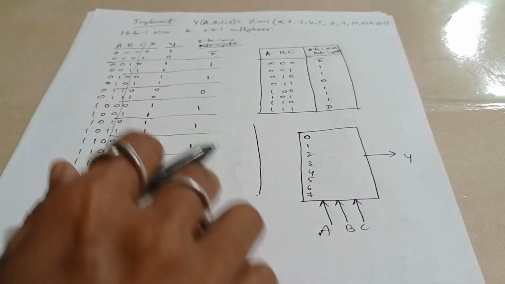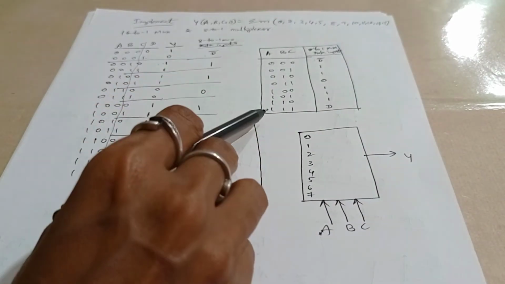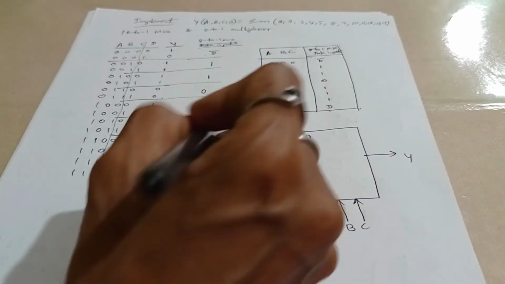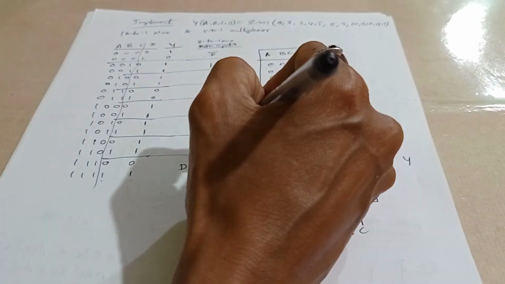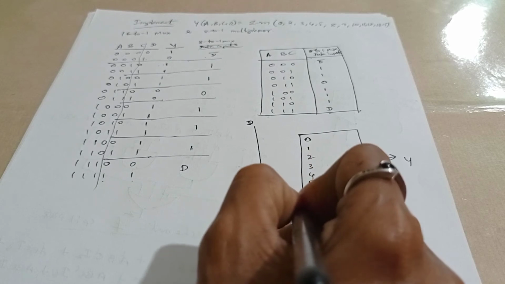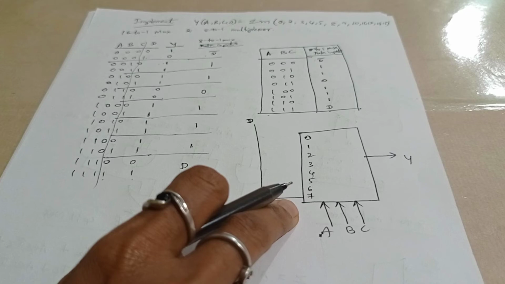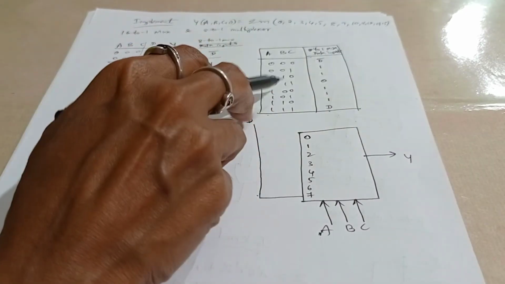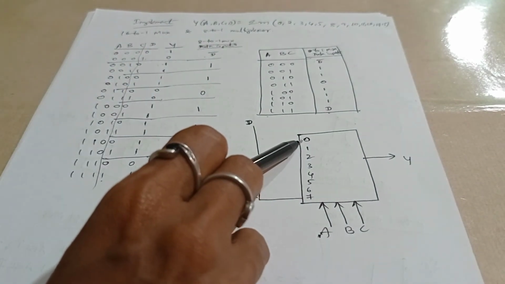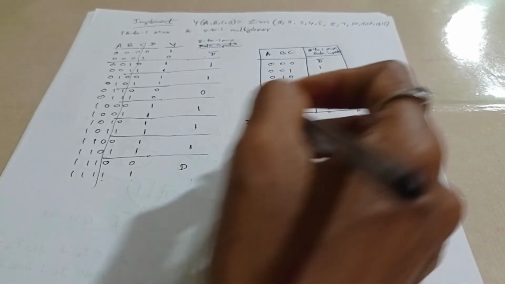Now we'll see how to design this multiplexer. For data input 7, what is the value? That is D. So D input is given to the 7th pin, that is the 7th data line. Next, for 0, the first one, we need to connect D bar.